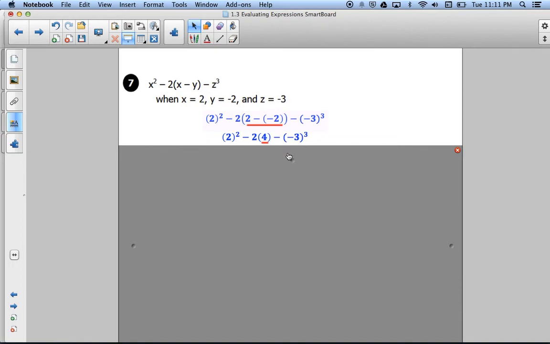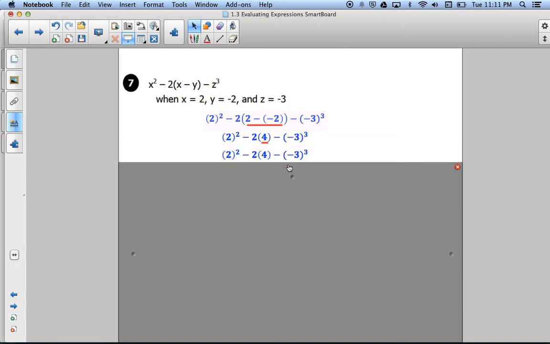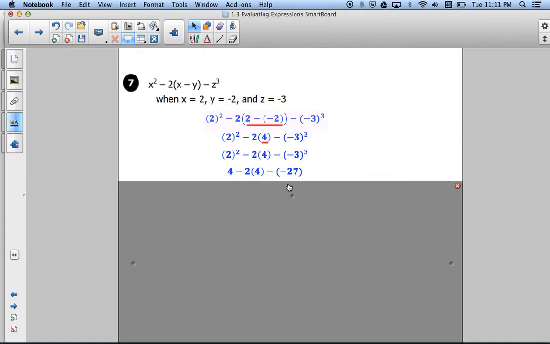So let's take a look at this. I've got 4. For some reason I have the same step twice, but that's okay. I've got a 4 here from our 2 squared, and our negative 3 to the third is our negative 27.